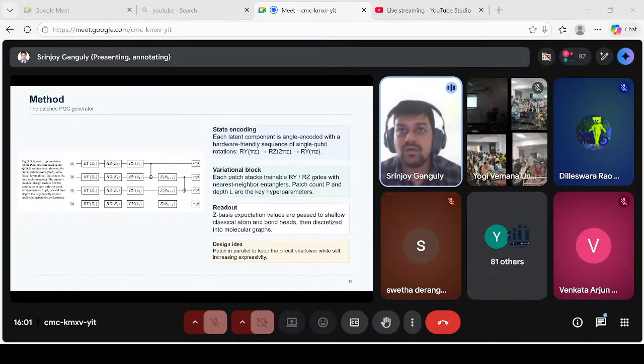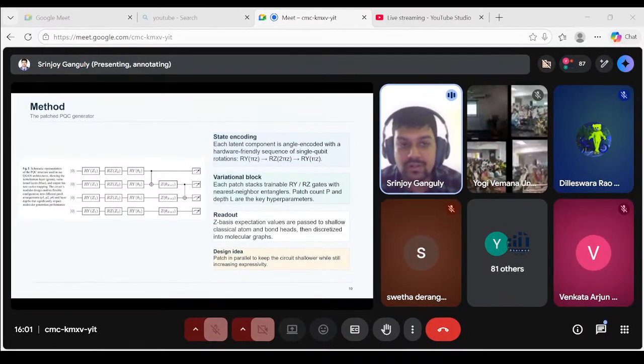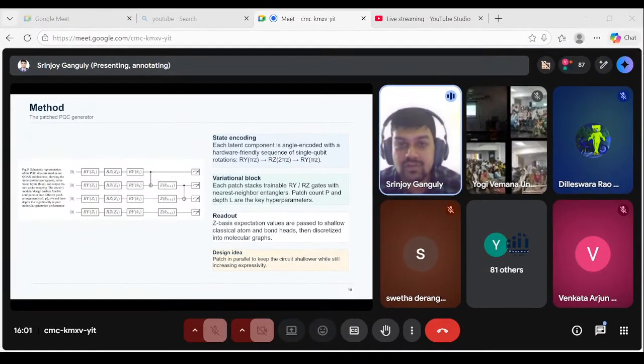Essentially, rotation gates where you can encode your data as rotations in a Bloch sphere. So you can use RY, RZ, RX, any sort of gates. And then the readout has already been explained. So I'm not going to go into the quantum computing basics because I believe that has already been covered today.